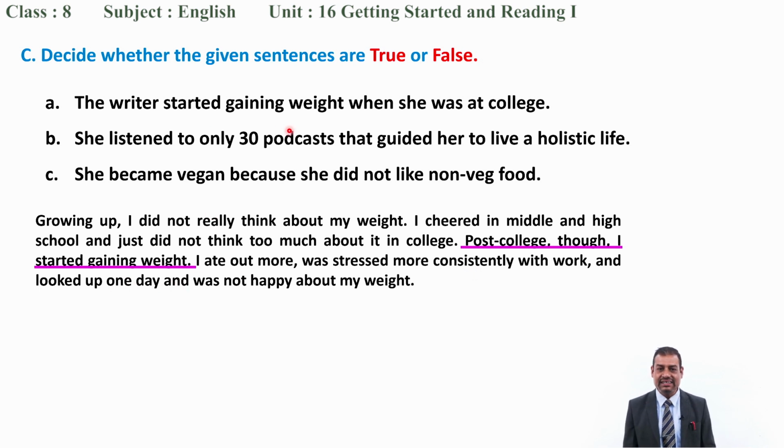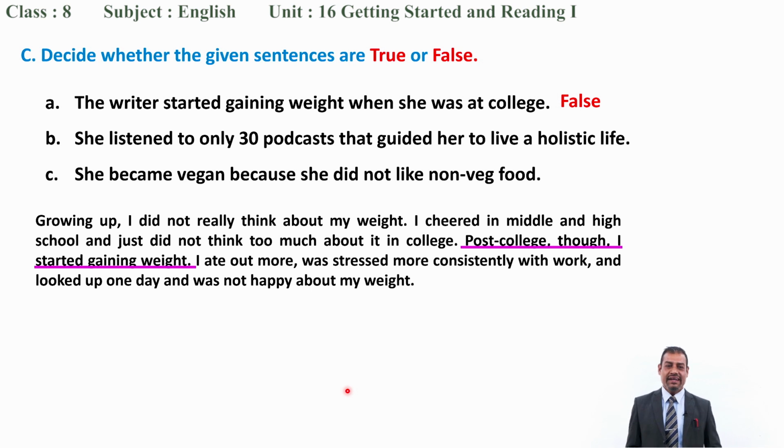Now, the writer started gaining weight when she was at college. So, is it true or false? It should be false because she started gaining weight from post-college, after college. So, you have to write down false. Have you got it?